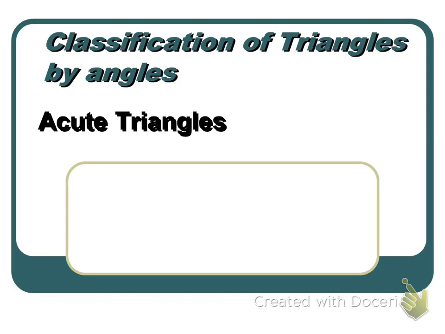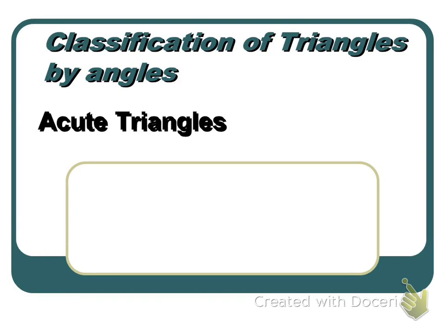What is the definition of an acute triangle? We can classify triangles two ways, right? A triangle is a polygon that has 3 sides and 3 angles, so we can classify it based on its sides, and we can also classify it based on its angles. So what is an acute triangle by definition?